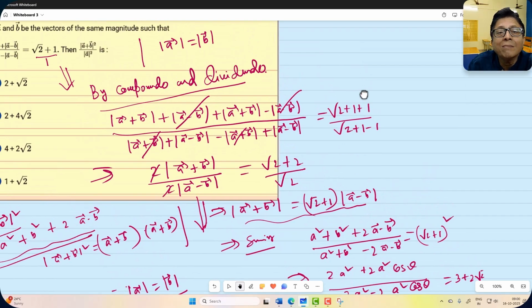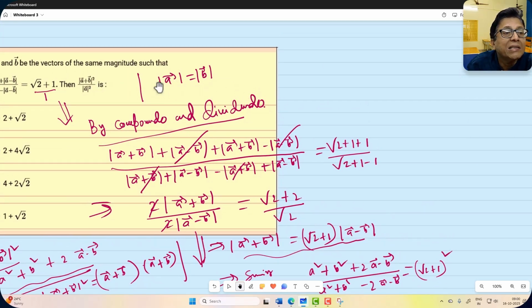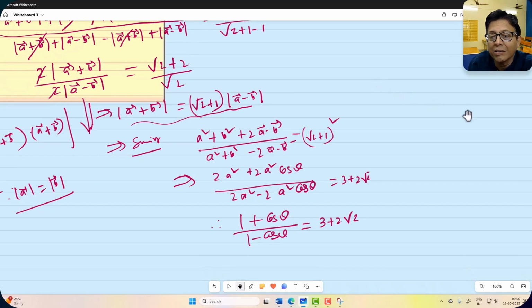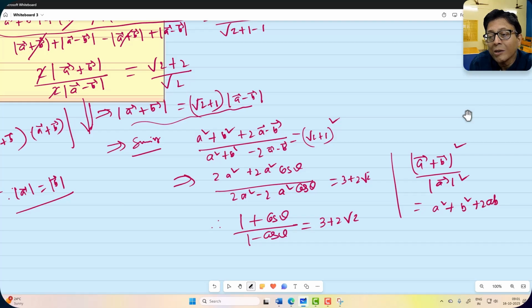But the problem is that you have to get this ratio, mod A plus B whole square by mod A square. Now mod A plus B whole square by mod A square is what? This is nothing but A square B square 2AB cos theta, and here you get only A square.